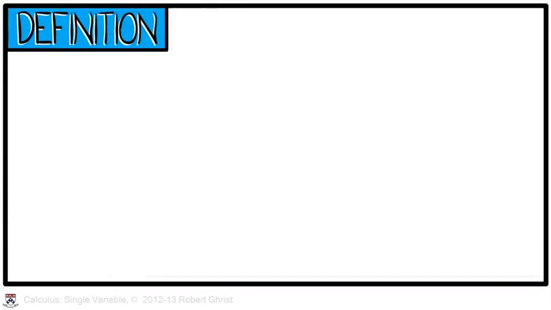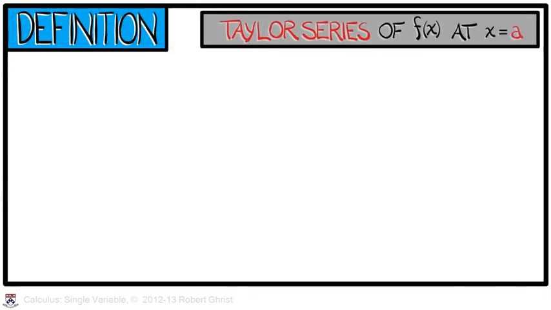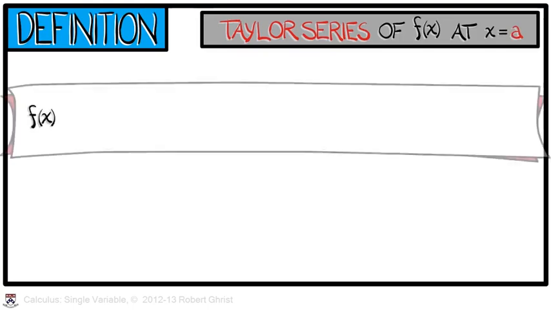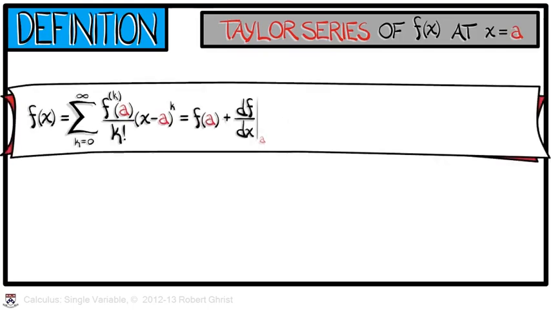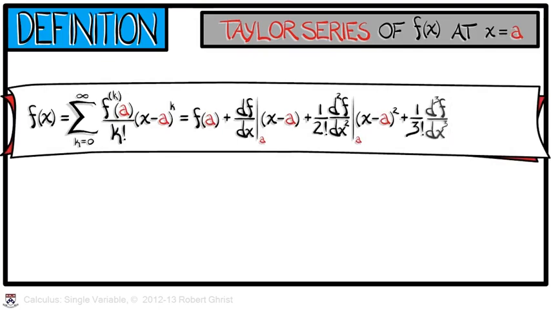This is an important definition. The Taylor series of f at x equals a is the sum k goes from 0 to infinity of the kth derivative of f evaluated at a, divided by k factorial, times the quantity x minus a to the k.